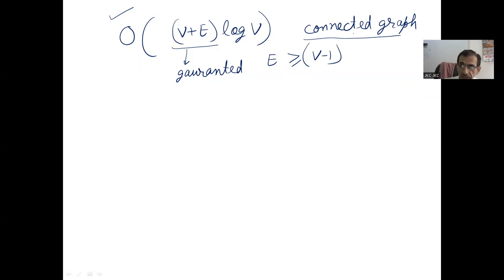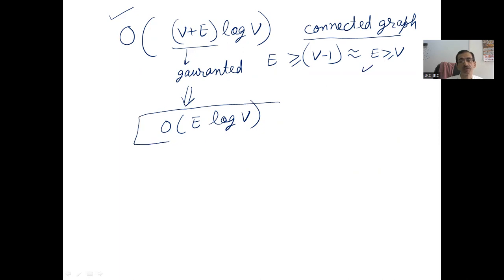Every vertex has to be connected with someone at least. All vertices except maybe one have to be connected to someone else, meaning minimum V minus 1 edges. So indirectly, I can say E is greater than or equal to V. Then I can claim this to be order of E log V. If there was no guarantee of E versus V, we couldn't claim this. But because this is guaranteed, I can say the time complexity is order of E log V.